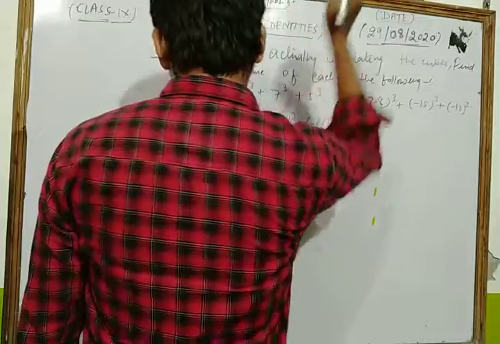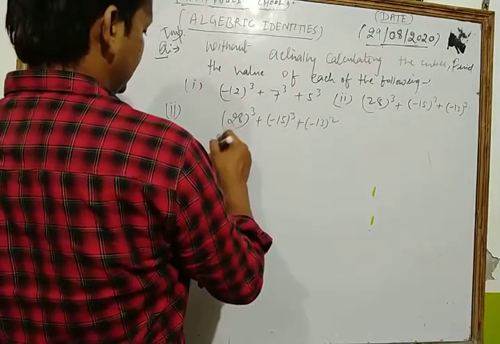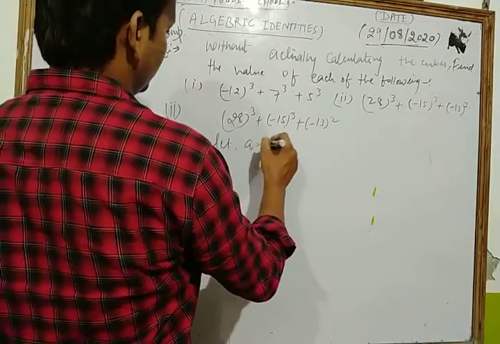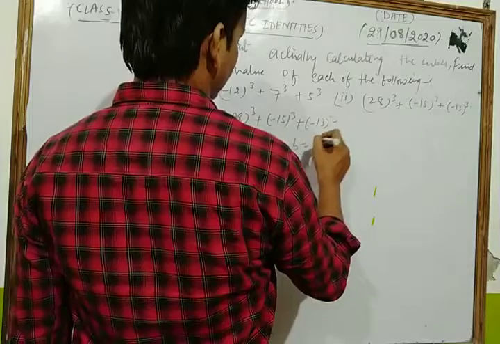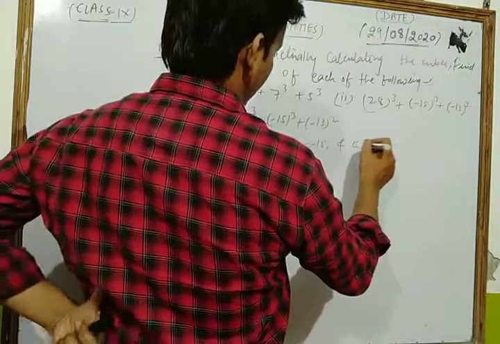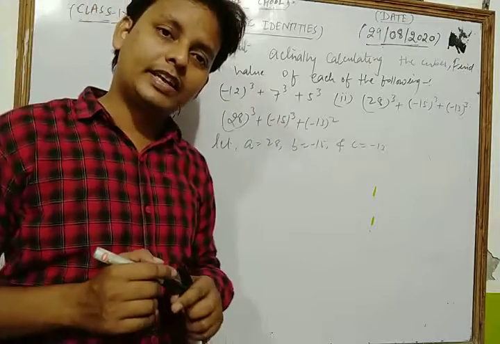Okay, look, again we let a is equal to 28, b is equal to minus 15 and c is equal to minus 13. These are the values of a, b and c.